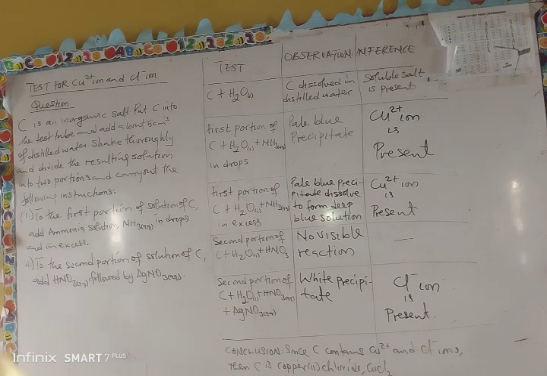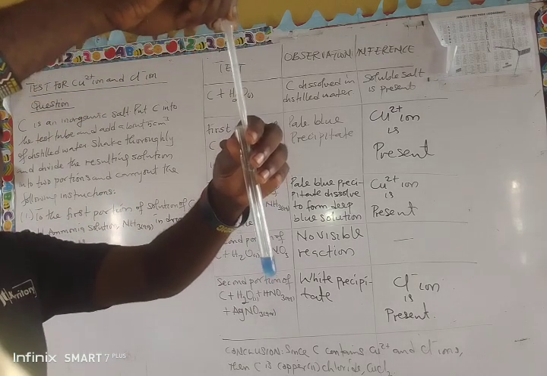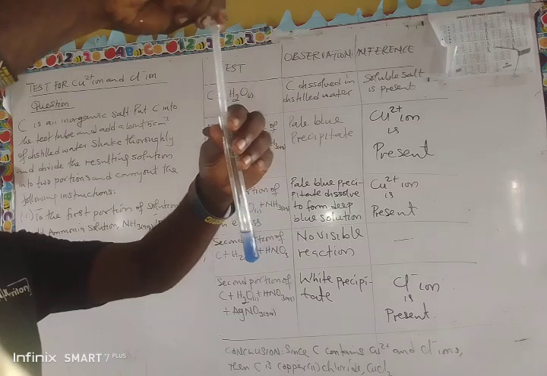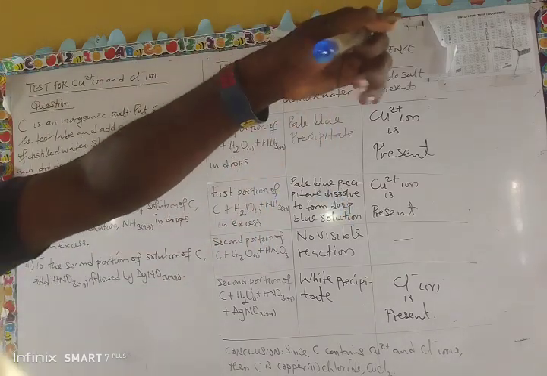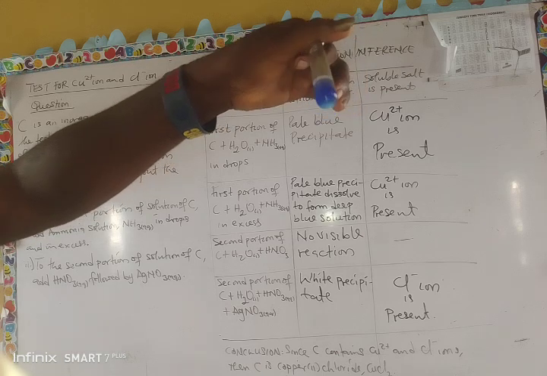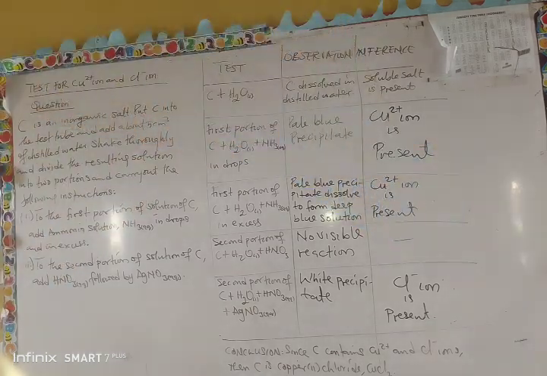So in drops, I have this. Then in excess, you can see that the pale blue precipitate now dissolves in the solution to form a deep blue solution, which is tetraamine copper 2 ion.